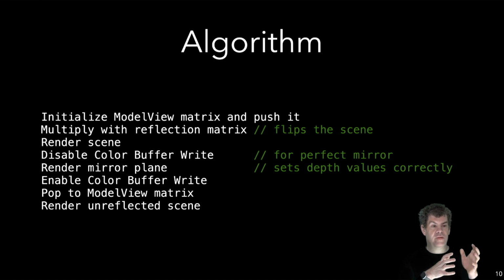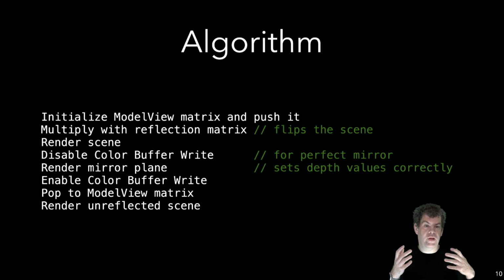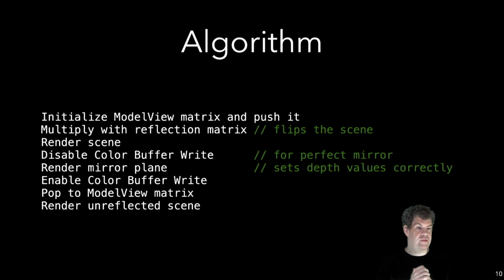But the mirrored scene itself is as computationally intense as the scene itself. So you would expect a loss in performance of at most 50% or half. So it should drop to half the performance at most. Why at most? Well, we'll see in a second why it might actually be better.